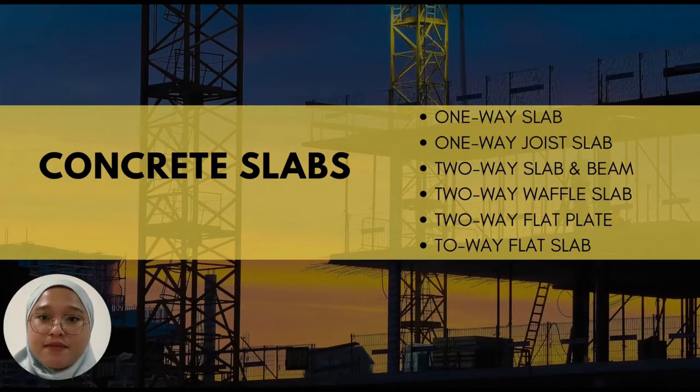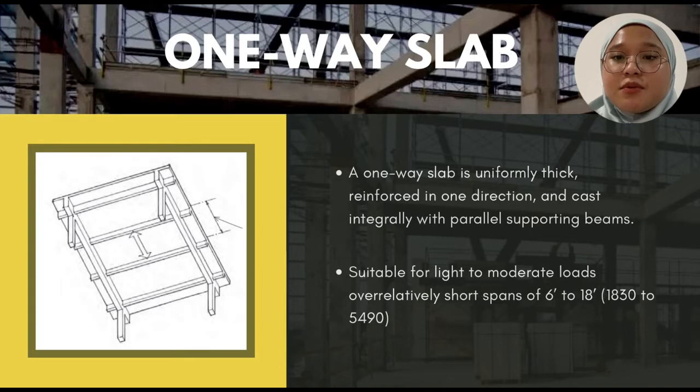Slabs are constructed to provide a flat surface, usually horizontal, in building floors, roofs, bridges, and other types of structure. A slab is supported on 2 sides by beams or load-bearing walls. Beams in turn may be supported by girders or columns, and it is suitable for light to moderate loads over relatively short spans of 6 inches to 18 inches.